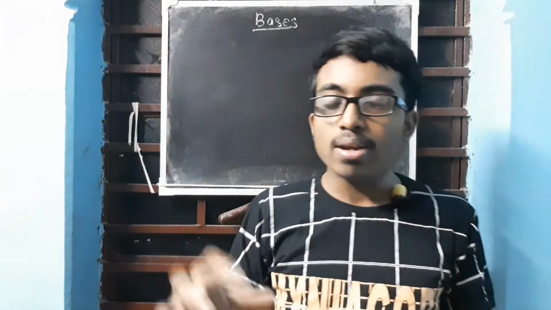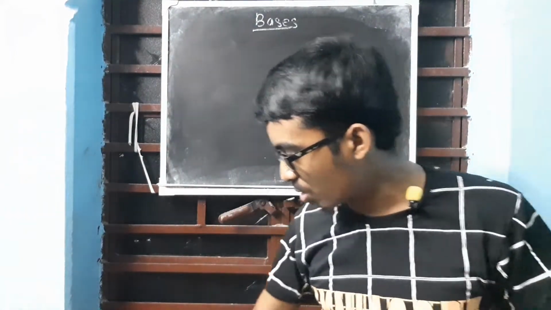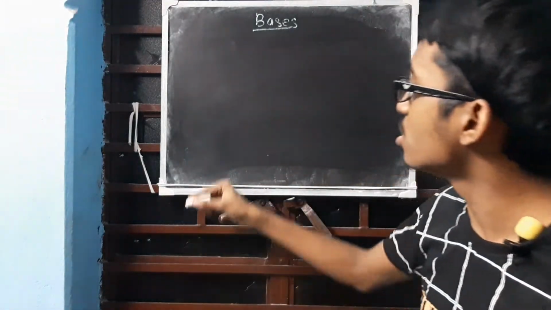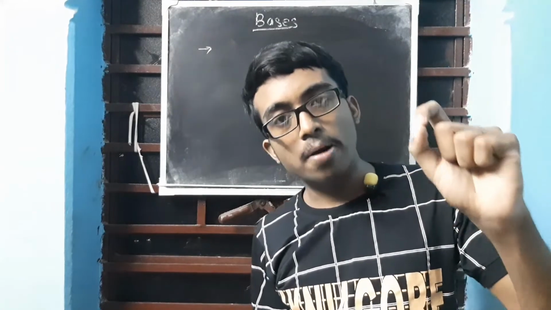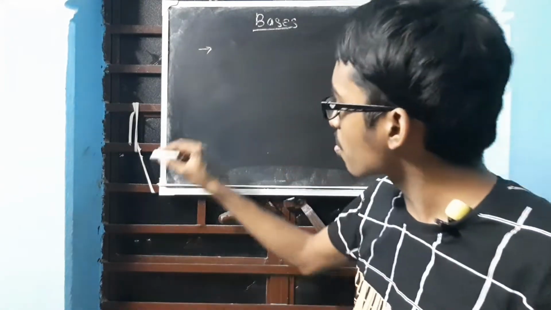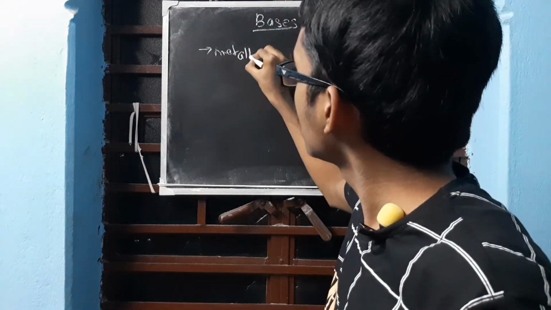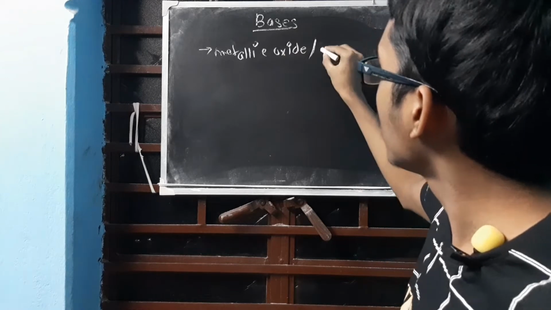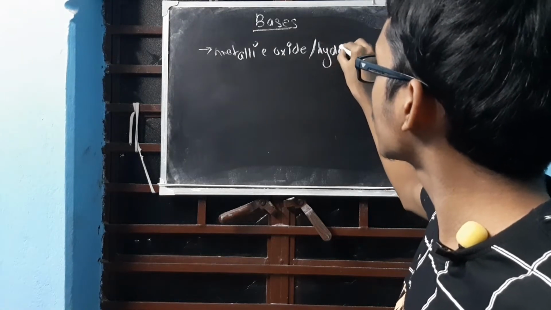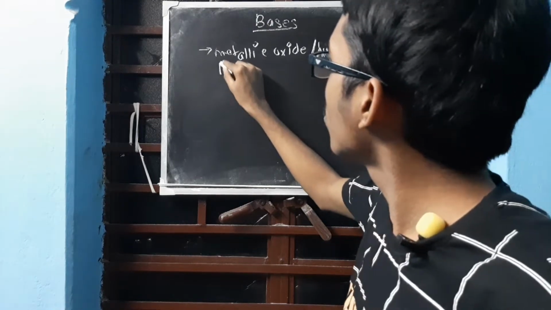So how will you frame the definition? In the definition of the base there must be two very important things. When you are writing the base definition, a base is either a metallic oxide, I am just writing the important things, or a metallic hydroxide, or it can be an ammonia solution.